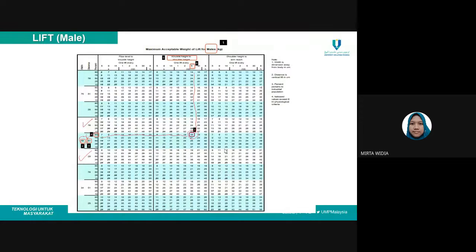Like earlier, the distance is 40. We do not have 40 here, so we need to choose the value that is nearest or closest to 40, which is 51.